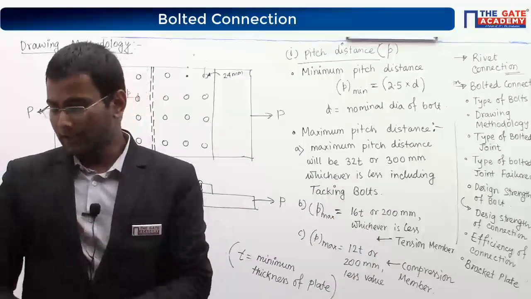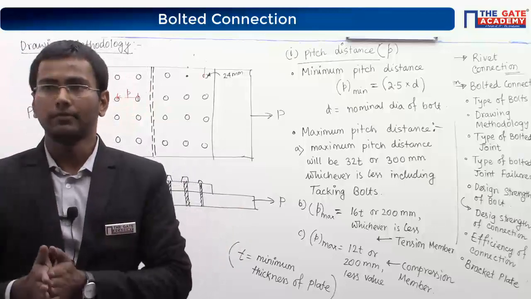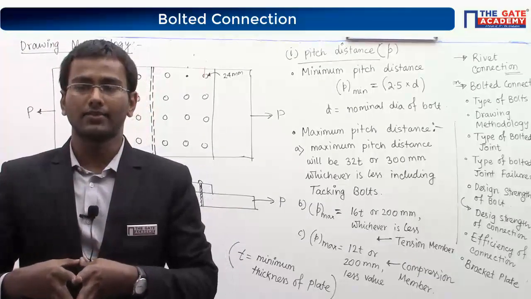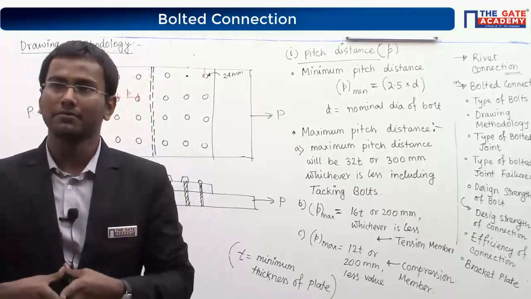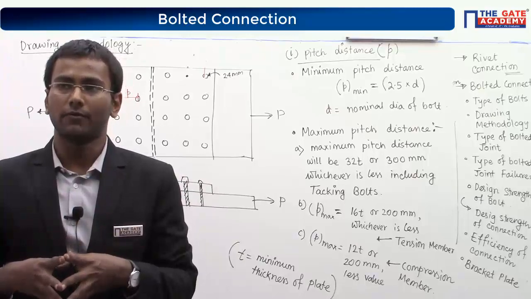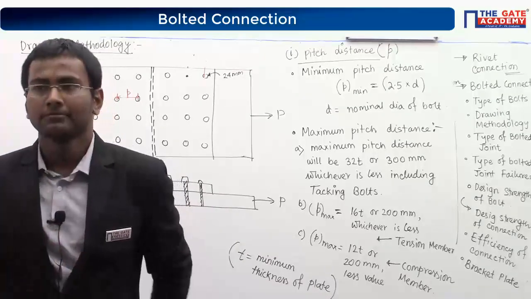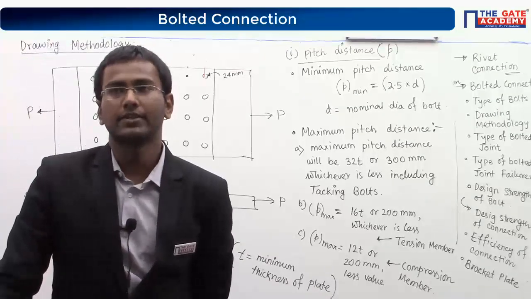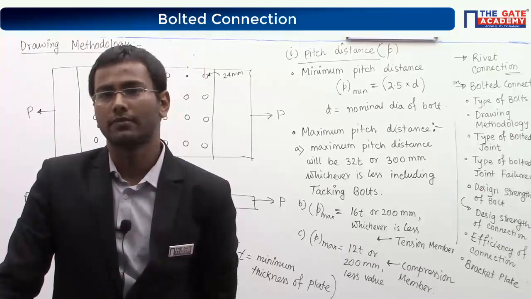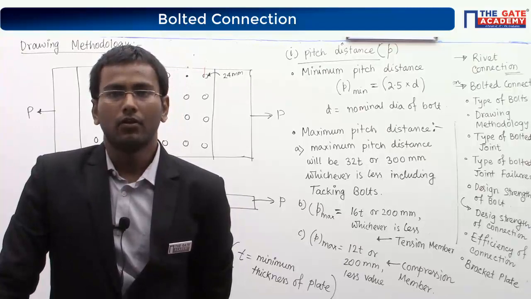One question from Vikram, which type of bolts is more suitable for rail lines? Of course HSFG. I think we can understand from the concepts. Rail line means railway bridges I am talking about, and railway fish plates and connection portions also HSFG. Alright, okay.